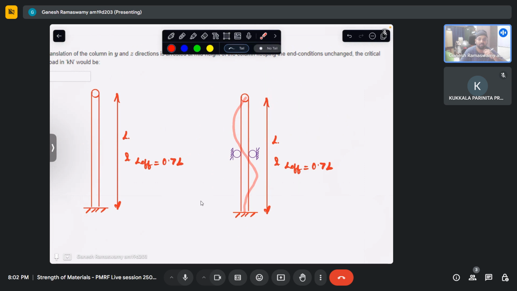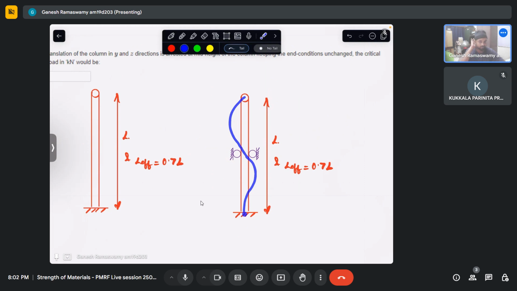At the end, it is still 0. Here, there is no arrest of rotation. It is only not allowing translation. So it is not allowing it to move. So displacement here is 0. This displacement here has to be 0. However, it will still allow it to rotate. This need not be straight. It will be something like that, or the opposite way. So this will actually be the buckling mode shape. It could either be this or the mirror image of that, the rotated image of that.